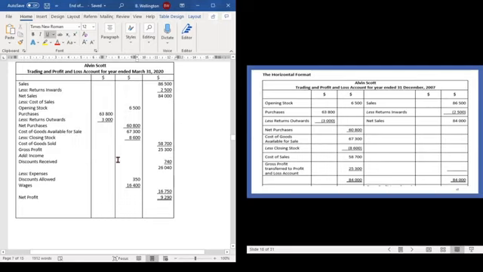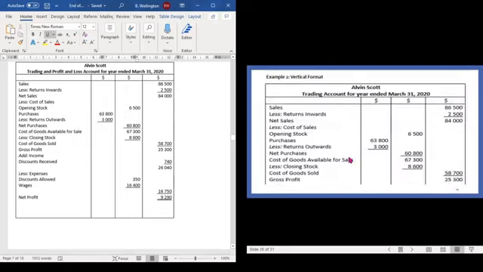All right, now how do we arrive at net profit? To arrive at net profit, you're going to subtract your cost of goods sold from your sales. So when you lay it out like this, it's easy for you to see what the cost of goods sold was and what the net sales was, so you can easily subtract one from the other to arrive at your gross profit or gross loss, depending on whether your net sales is greater than your cost of sales.